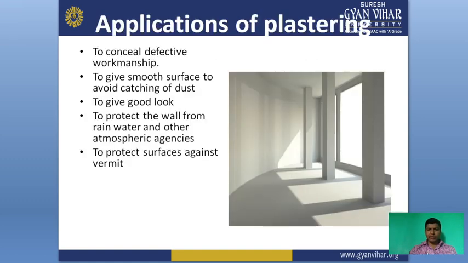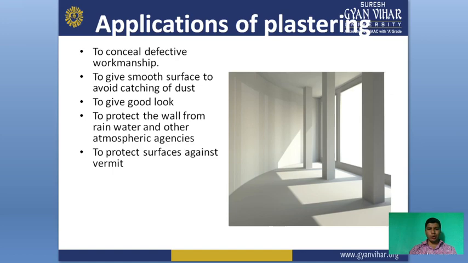The main applications of plastering or mortar are: to conceal defective workmanship, to give a smooth surface to avoid catching of dust, to give a good look, to protect the wall from rain, water and other atmospheric agencies, and to protect the surface against vermin. So the first point is that plaster gives us a smooth surface and avoids the catching of dust on our wall.